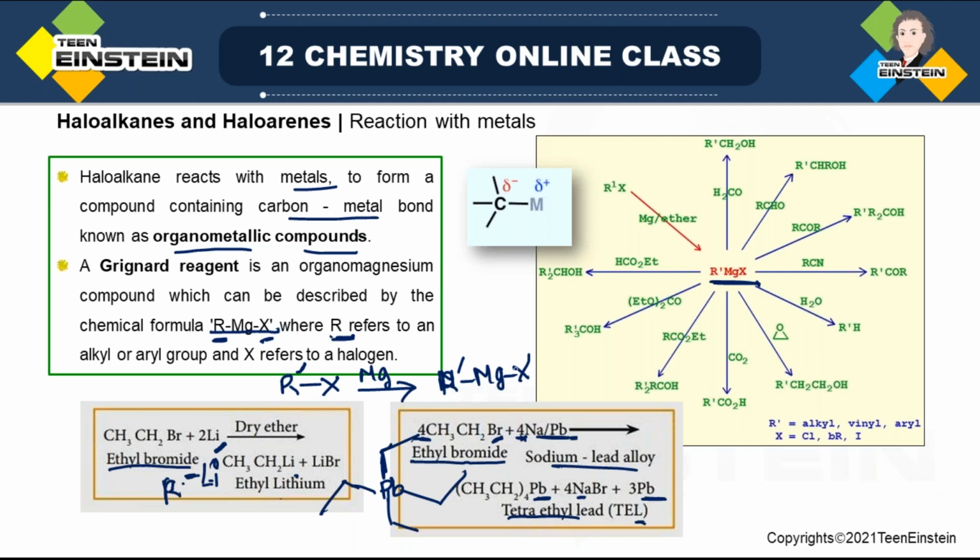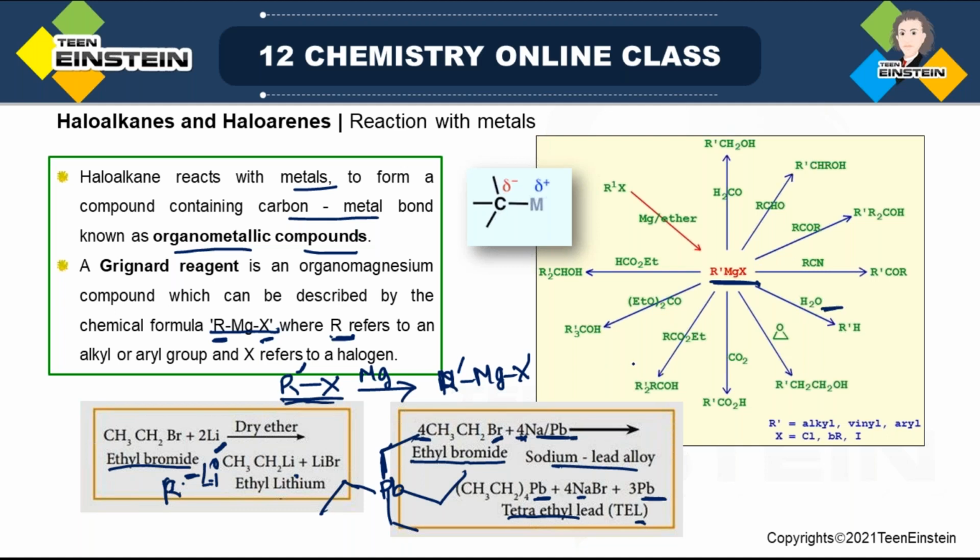So this is the reaction between haloalkane and metal. Here the example you are seeing is with magnesium. It may be lithium or it may be sodium-lead alloy. Now once this R'MgX, which is Grignard reagent, is formed, depending on what kind of reagent you are using, take this example.